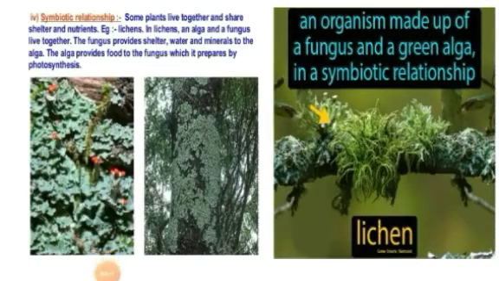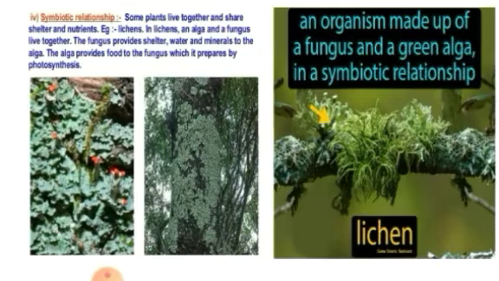In symbiotic relationship, the fungi live inside the body of another organism and obtain some benefits from the organism, and that organism also derives some benefits from the fungi. So it is like a mutual benefit or mutual relationship.